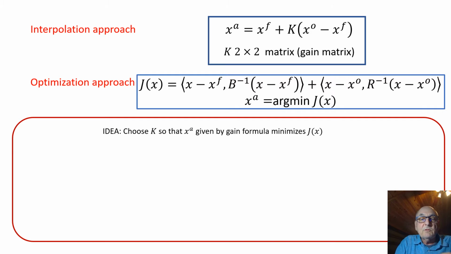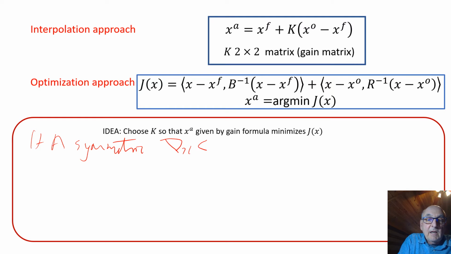So we just want to find where the derivative of J, the gradient of J, is equal to 0. The following formula will be useful: if A is symmetric, then the gradient with respect to X of the inner product X, AX is exactly 2AX. It's a gradient, so it should be a vector.